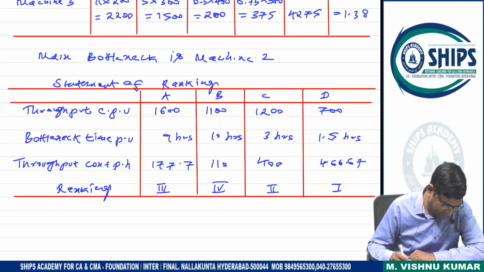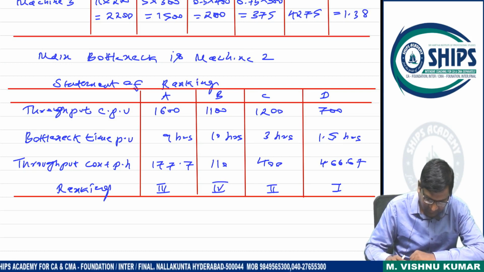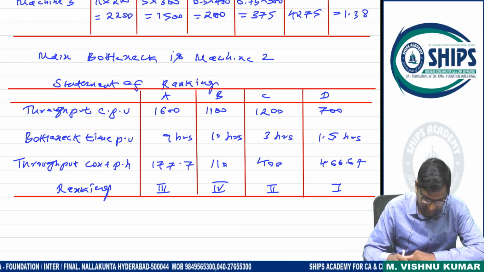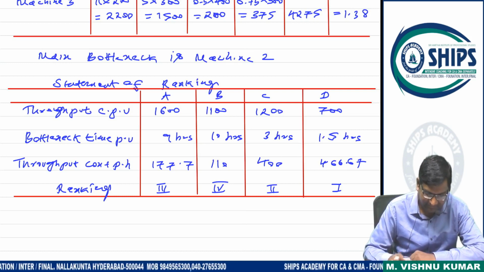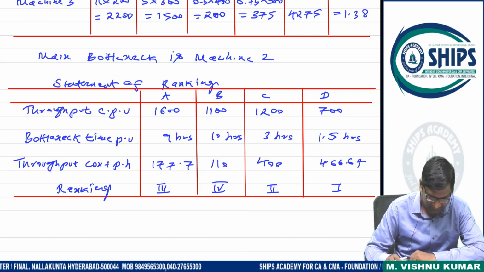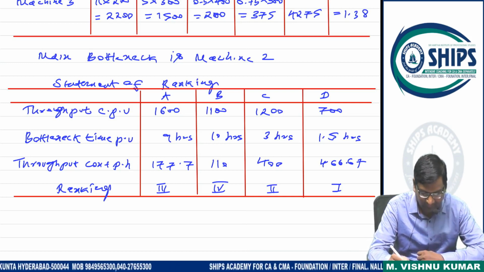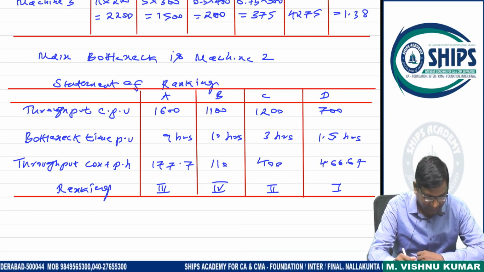So first we have to produce D. Thereafter C. Thereafter A. If any hours are available, then we can produce B. So please note this.